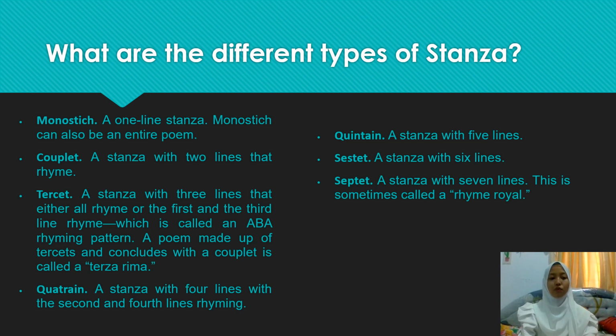The fourth is quatrain, a stanza with four lines, with the second and fourth lines rhyming. The fifth is quintain, a stanza with five lines. The sixth is sestet, a stanza with six lines. And the last is septet, a stanza with seven lines. This is sometimes called a rhyme royal.